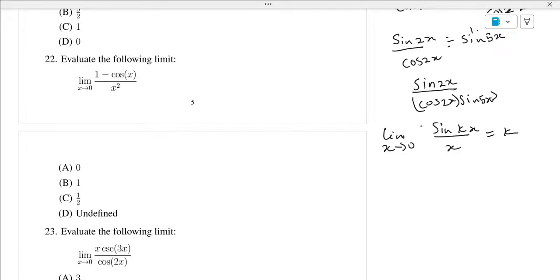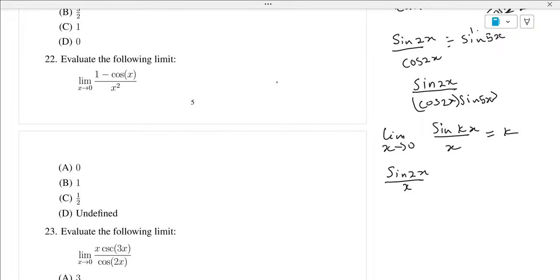So what we can do is divide through by x.